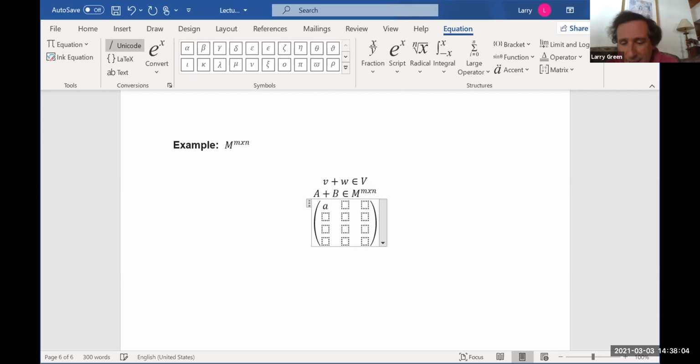So there's going to be A 1 1, dot dot dot, and A 1 n.